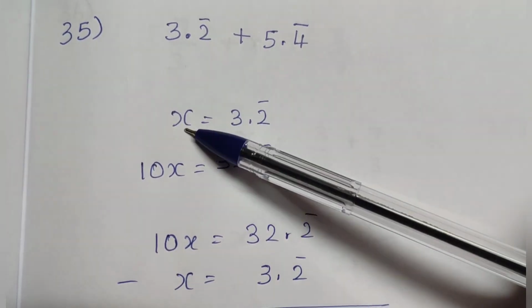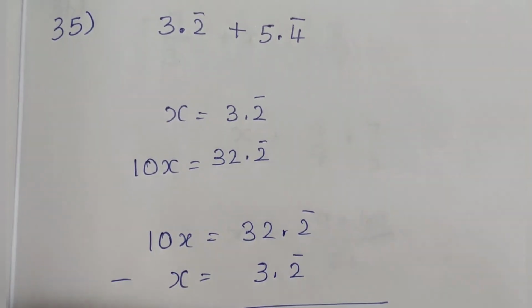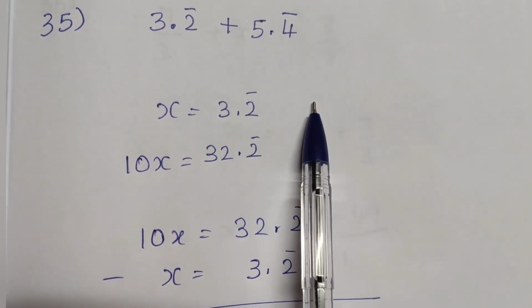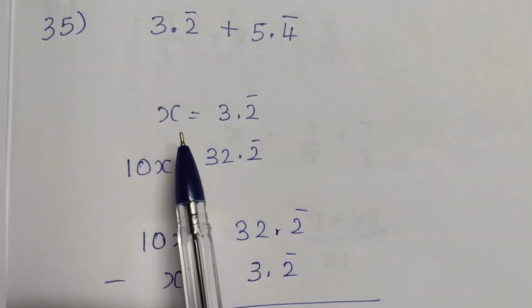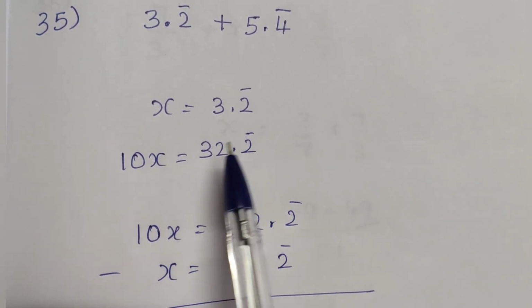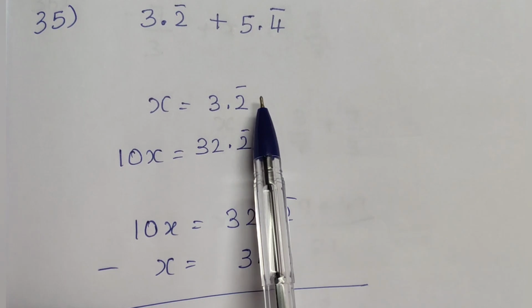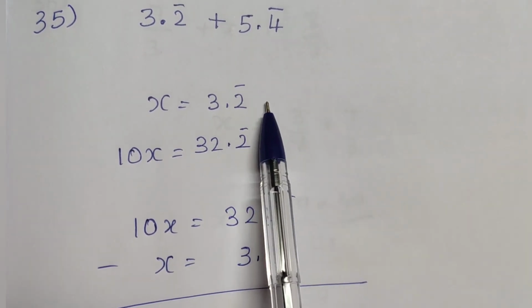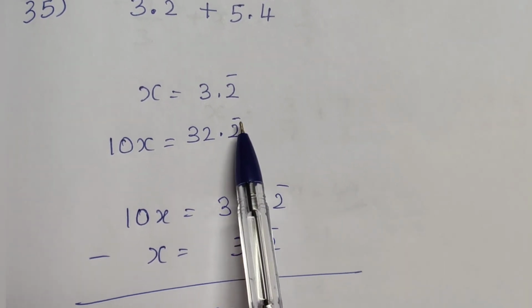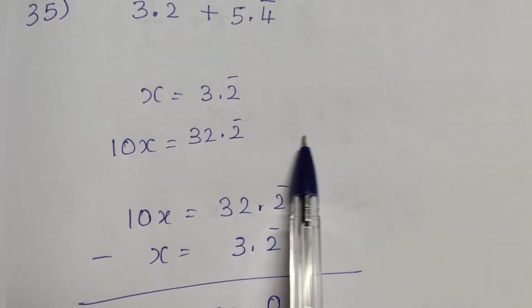I first take x is equal to 3.2 recurring. I want to make an equation where this recurring part is taken out separately. So when I multiply x by 10, 10x, I multiply here also by 10. So the point moves one number right. 3.2 becomes 32 point, again 2 recurring because this 2 goes on.